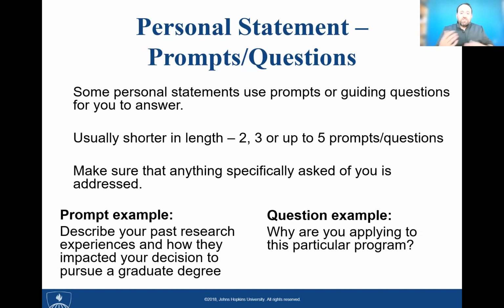And then I do think it's a good idea when you're writing these to come up with some prompts or guiding questions for yourself to answer, even before you start writing. How are you going to address certain things about yourself? So if the prompt is, describe your past experiences and how they impacted your decision to pursue a graduate degree, they're really wanting to know why you are applying to this program.